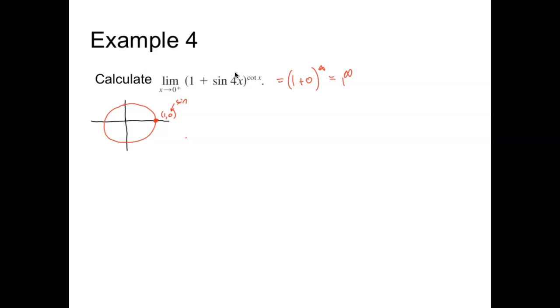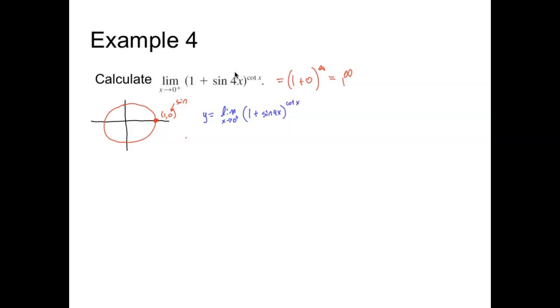All right, so here's what we want to do. We're going to set this whole thing equal to y. So y equals the limit as x approaches 0 from the right of 1 plus sine 4x to the cotangent x power.